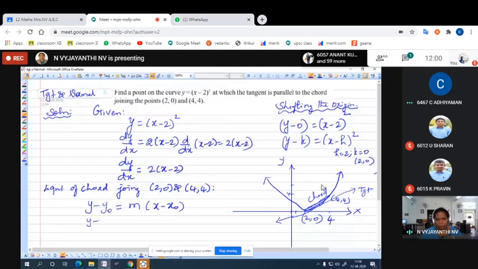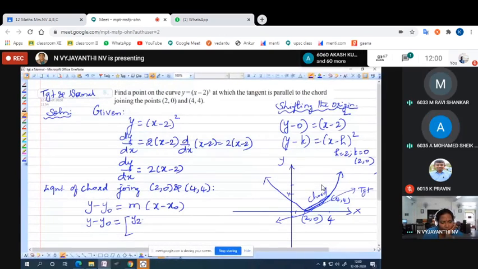So, do you know m? What is the formula for finding slope? The 2-point formula: (y2 minus y1) by (x2 minus x1). So y minus y naught equals (y2 minus y1) by (x2 minus x1) into (x minus x naught).